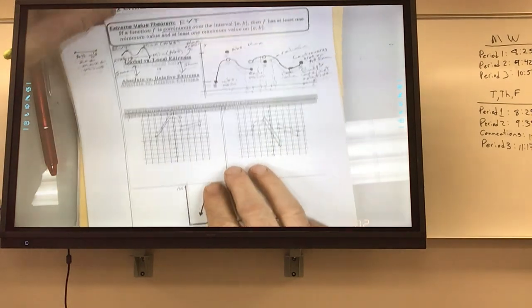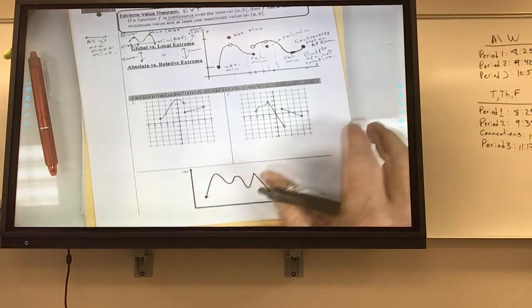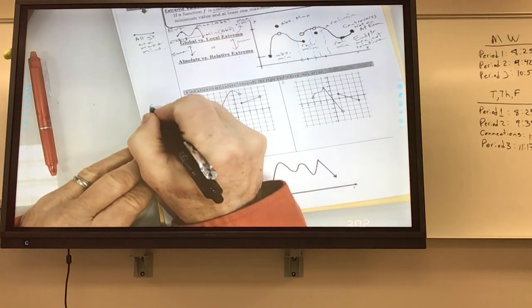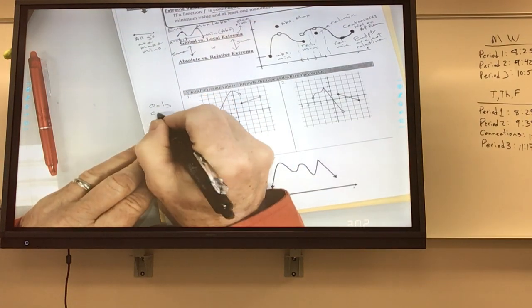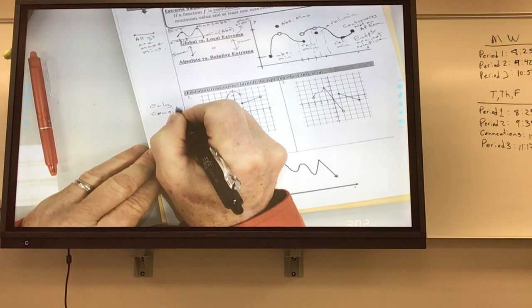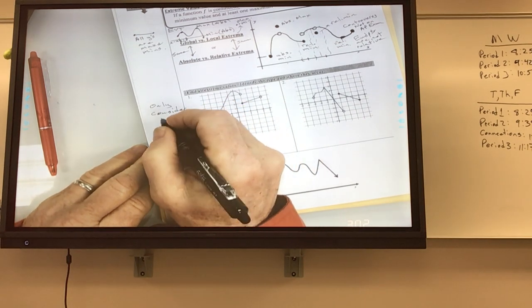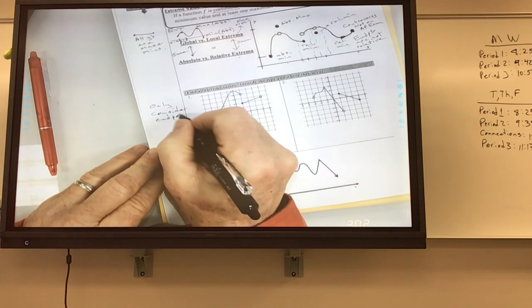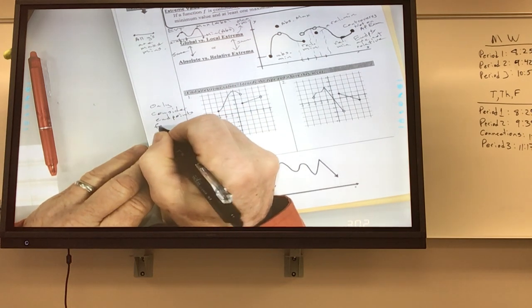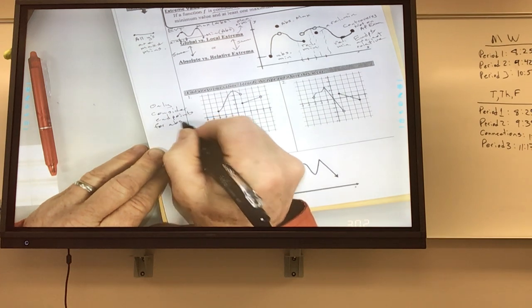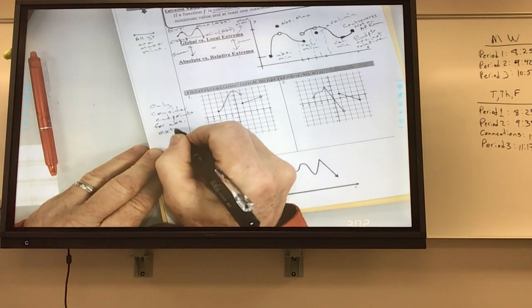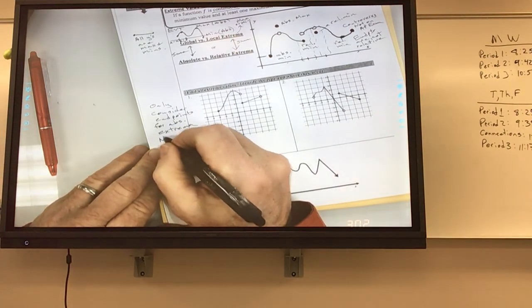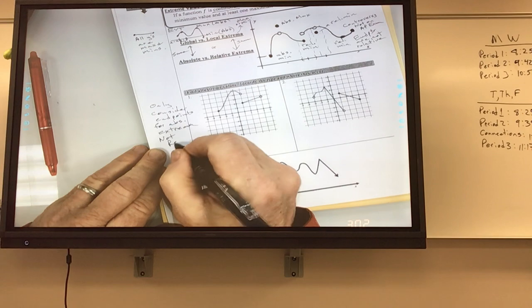All right. So let's take a look at this. I wrote a little note here. Only consider endpoints for absolute extrema, not relative.